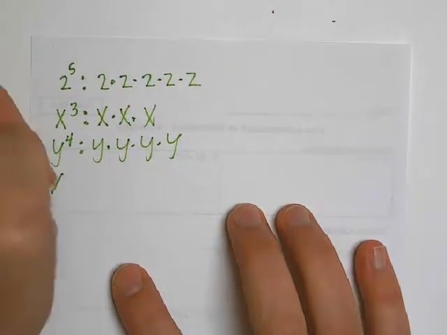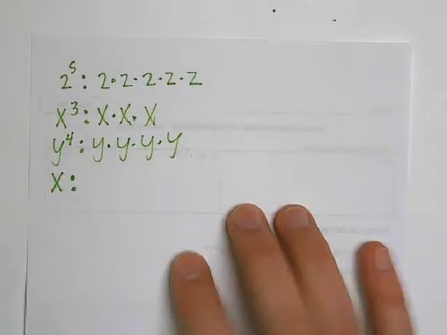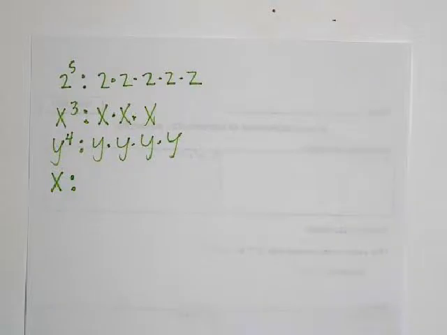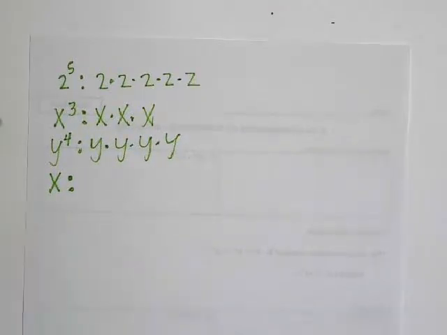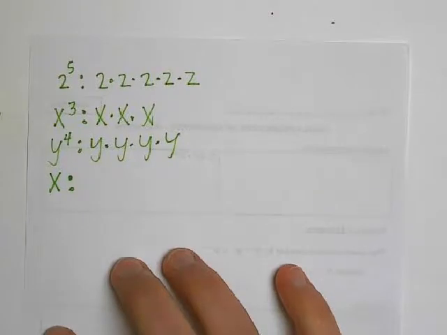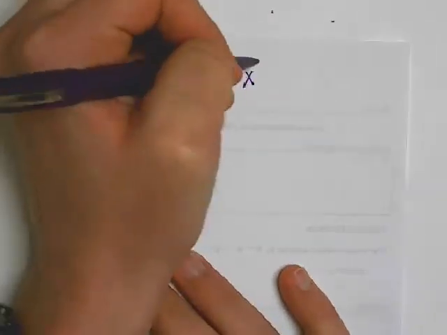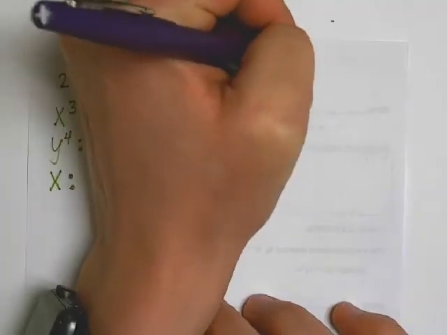X. Does it have an exponent? Look up here, Levi. Pay attention. Does it have an exponent? No. So what exponent do we say it is? Do we write x squared? How many x's do I have? 2. X times x.